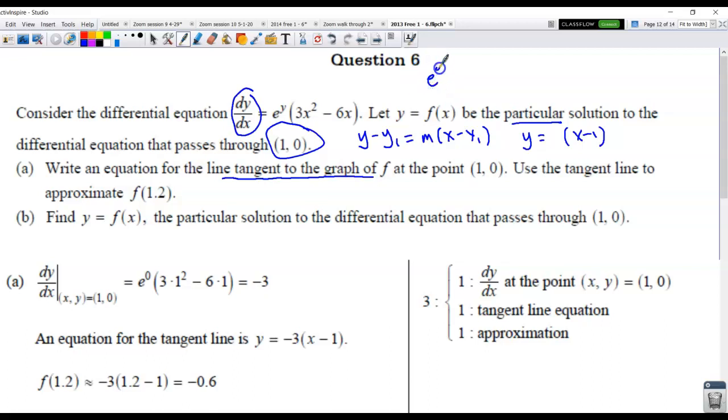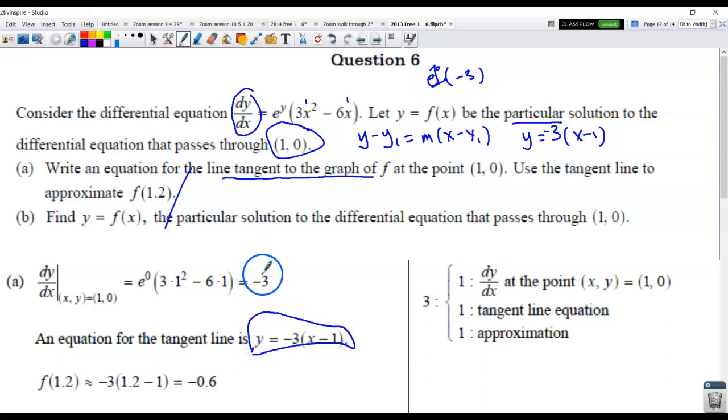I'm substituting 0 in for y, and I'm substituting 1 in for x. So if I substitute 1 here and 1 here, that'll give me 3 minus 6, which is negative 3. E to the 0 is 1, and 1 times negative 3 is negative 3. And I can distribute that, but I do not have to distribute that. And you can see the equation of the line right here.